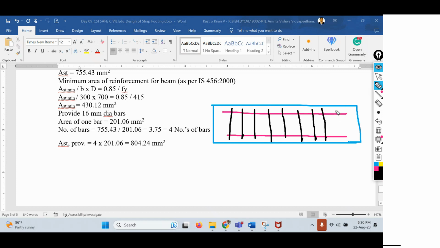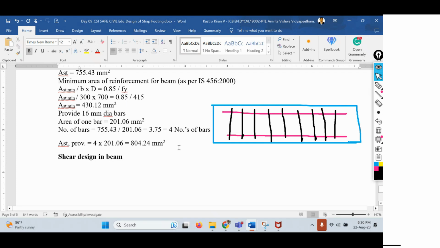So we need to design the shear reinforcement in beams. This is what shear reinforcement looks like. So that's the next step, which is shear design in beam. Now, how to provide the shear reinforcement in beams? We have to provide it in 2 cases, under column 1 and also under column 2.